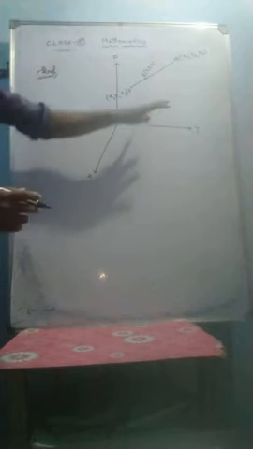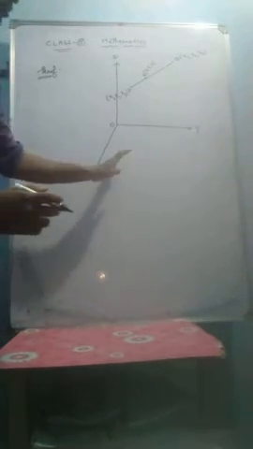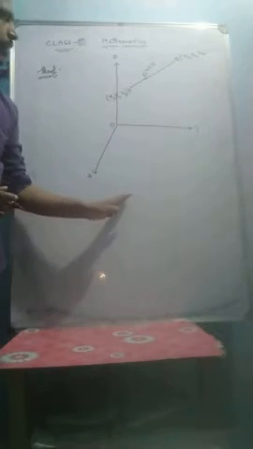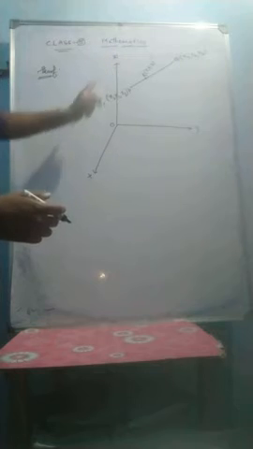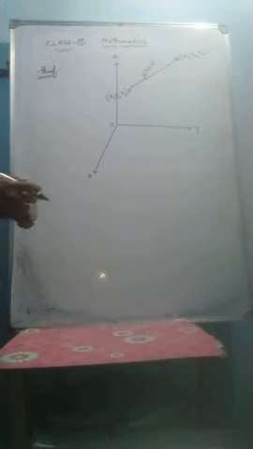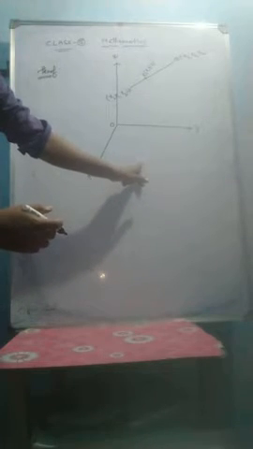Now take the xy plane. We have three planes: xy, yz, zx. If we take the xy plane, we get the z value. If we take the yz plane, we get the x value. If we take the zx plane, we get the y value. So I will find the z value by taking the xy plane.